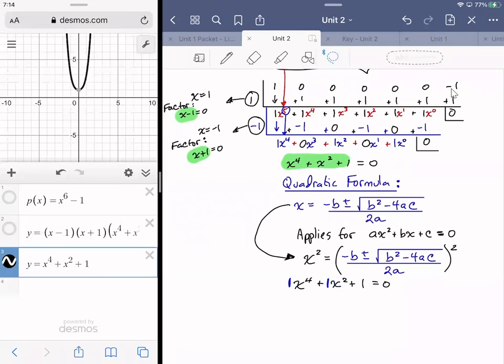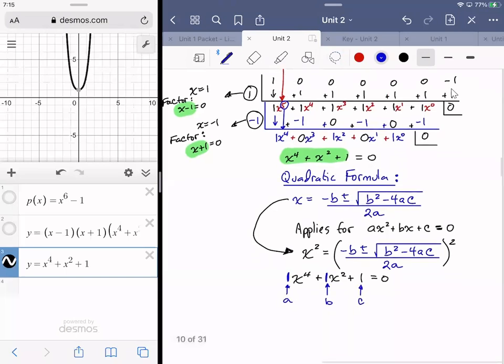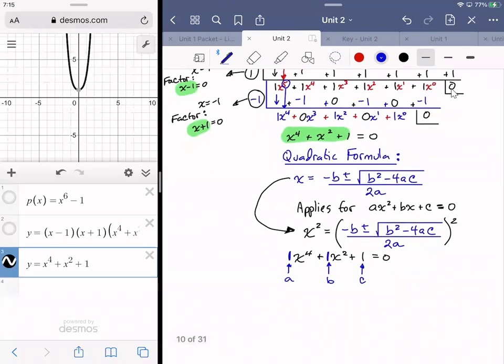So my A, B, and C values would be 1, 1, and 1. So I could plug this into my quadratic formula and see where it gets me.